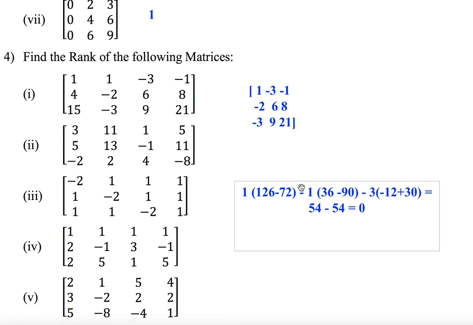Right. Next, plus 3 into minus 4 plus 24. Minus 4 plus 24 is 20. Minus 1 into minus 18 plus 18. So that is 0.